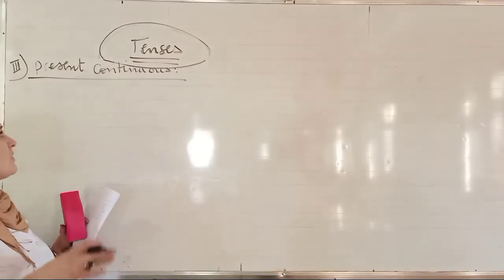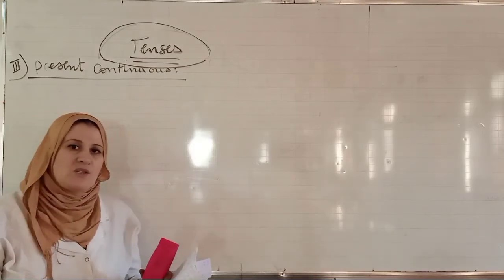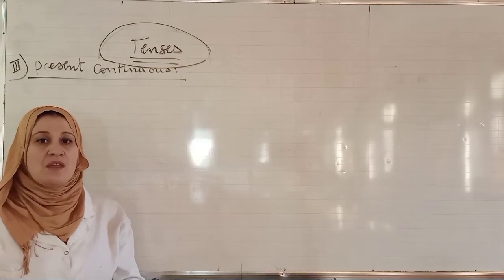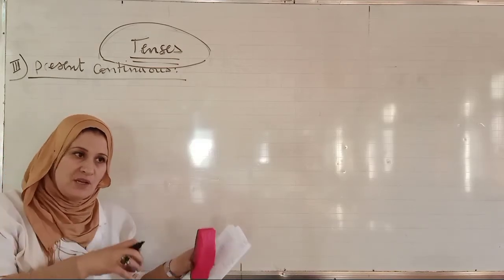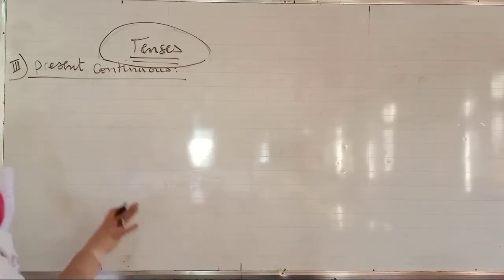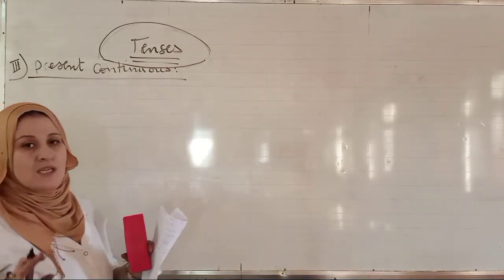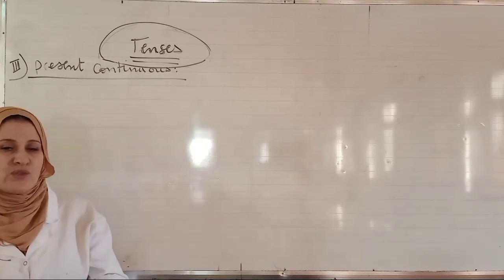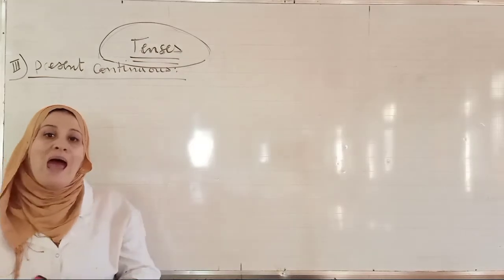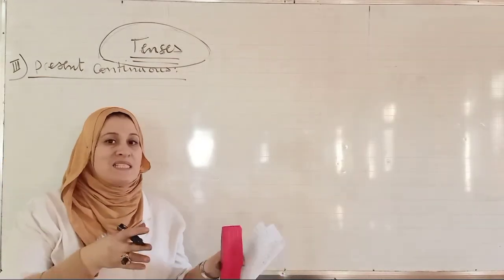Let's go to the present continuous tense. The present continuous is also a compound or complex tense that is used with an auxiliary plus verb plus ing. Okay? As follows. Of course, which auxiliary is used with the continuous? If you notice, we use the auxiliary to have within perfect tenses and the auxiliary to be within continuous tenses.